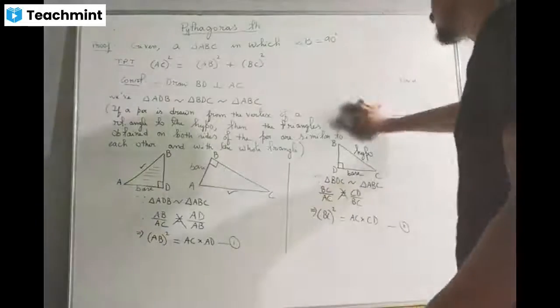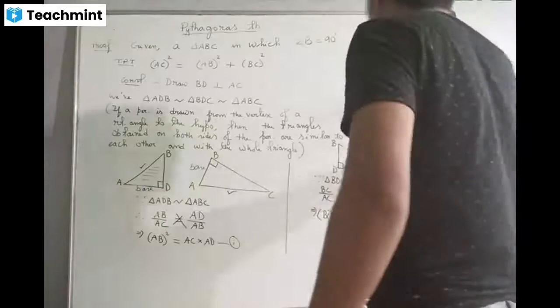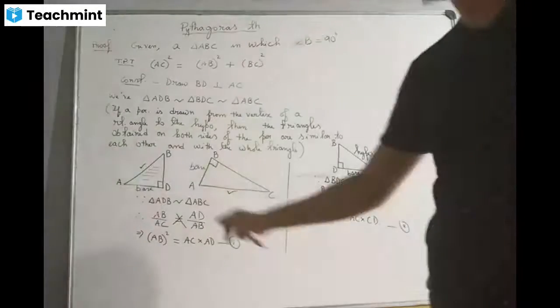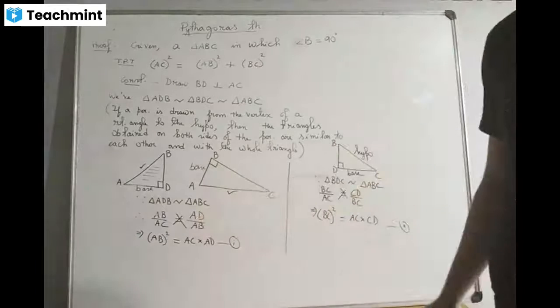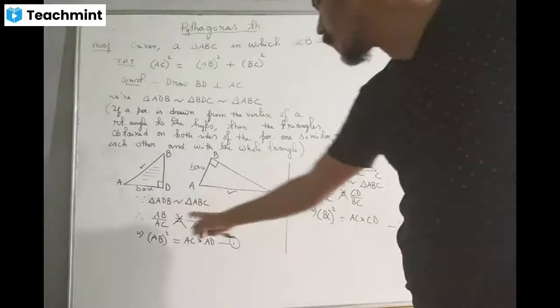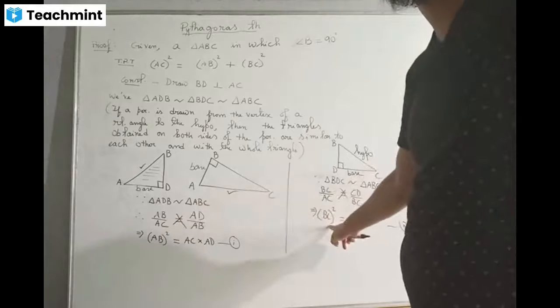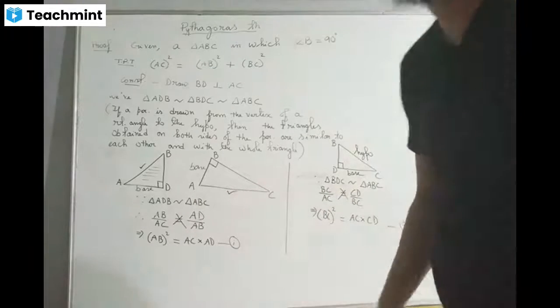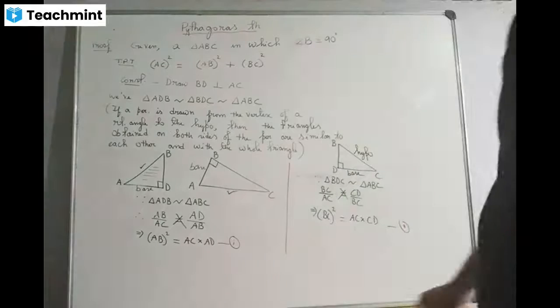Now what I'm going to do is add the above two equations, equation 1 and 2. Whenever you add two equations, left-hand side should always be added with left-hand side, and right-hand side should always be added with right-hand side. Is it okay?